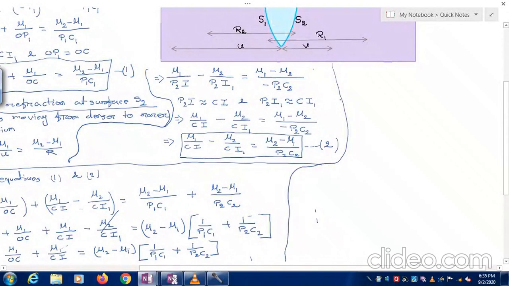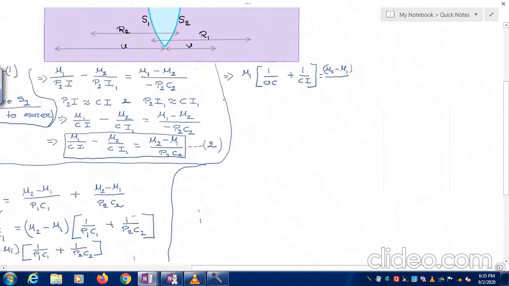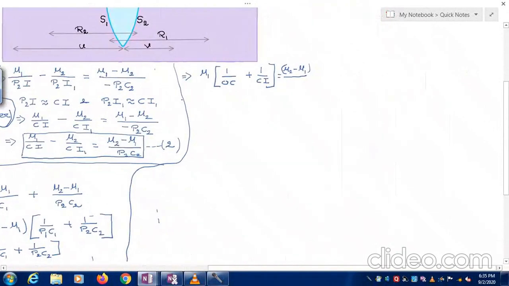In this equation mu1 is common to both the terms, so we can write mu1 into 1 divided by OC plus 1 divided by Ci is equal to mu2 minus mu1 into 1 by P1 C1 plus 1 by P2 C2.